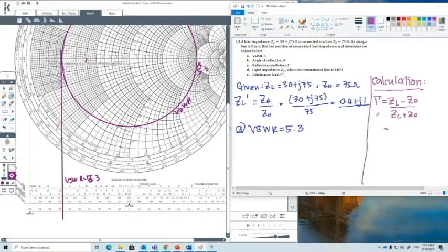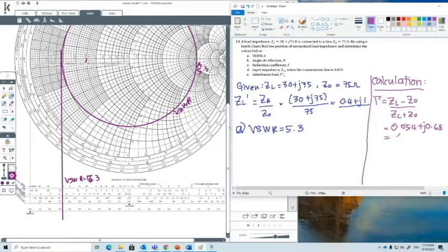So you key in this formula in your calculator, you will get your reflection coefficient awak adalah 0.054 plus J 0.68.